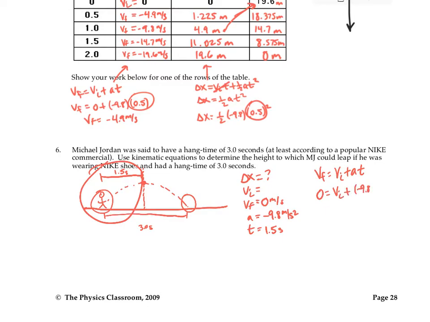Acceleration is negative 9.8. 1.5 seconds. You get initial velocity: 0 equals initial velocity minus 14.7 meters per second. So that must mean my initial velocity was 14.7 meters per second.